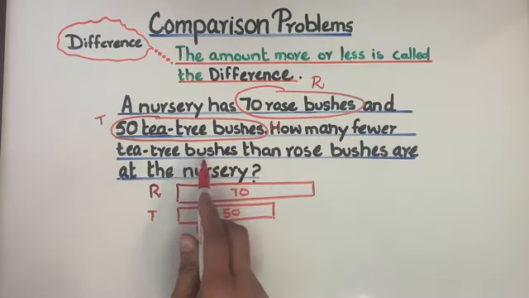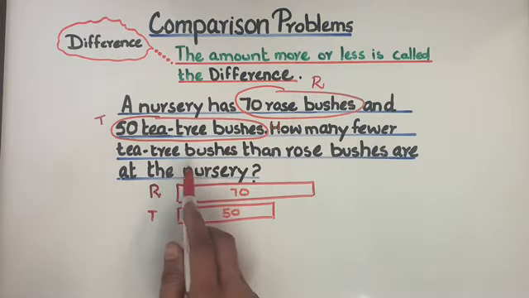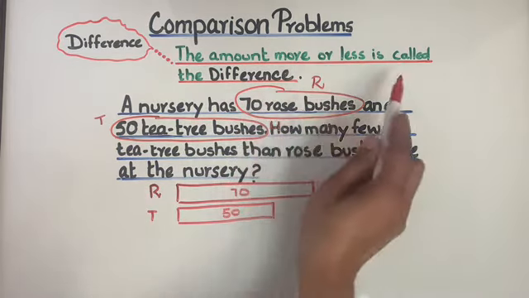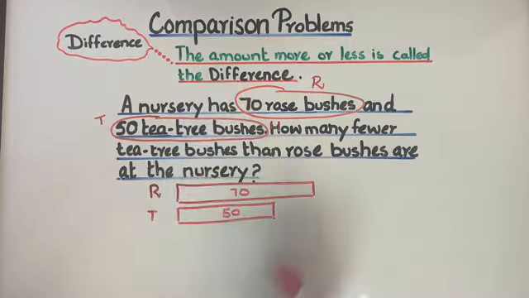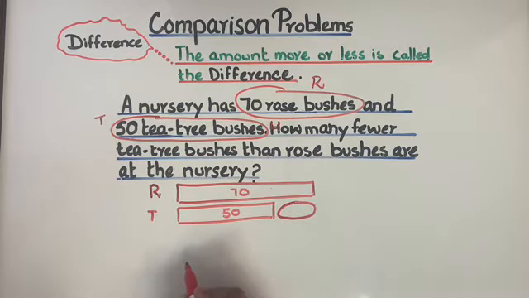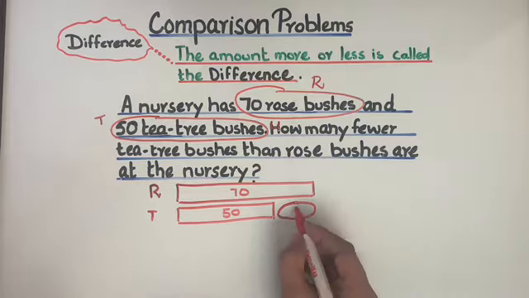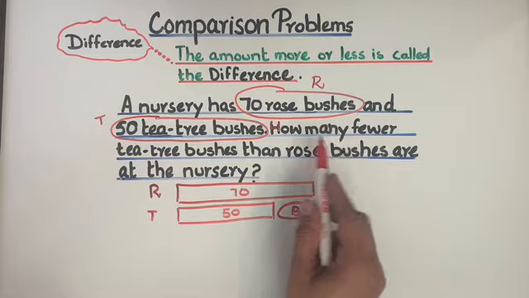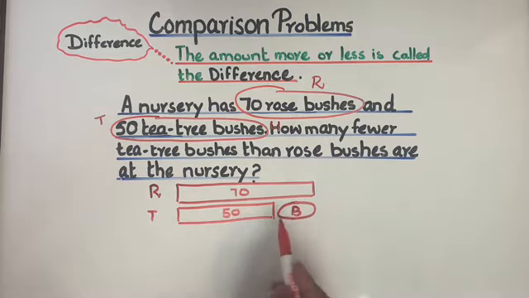Fewer tea tree bushes means less amount, and remember the amount more or less. Here we have to find the less amount, and this is called the difference. So I'm going to use this oval for the difference, and because I have to find the fewer tea tree bushes than rose bushes, I'm going to use B for this.